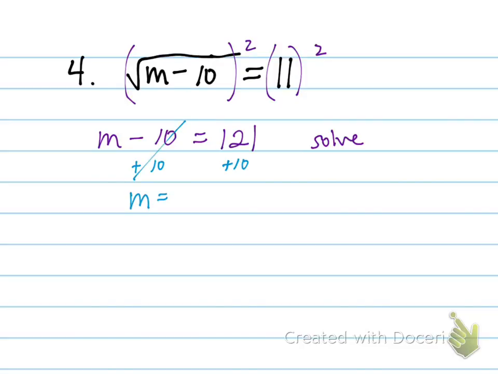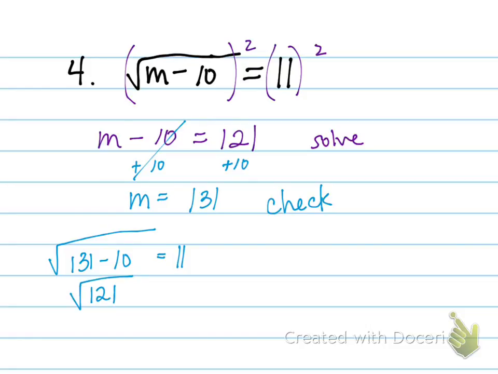So m equals 131. Now I want to check. So the square root of 131 minus 10 equals 11. Equals 11. So this works out.